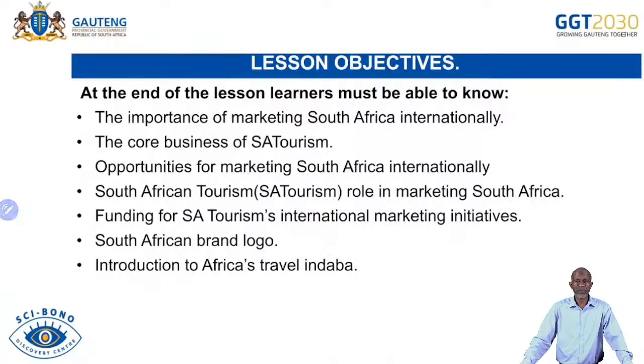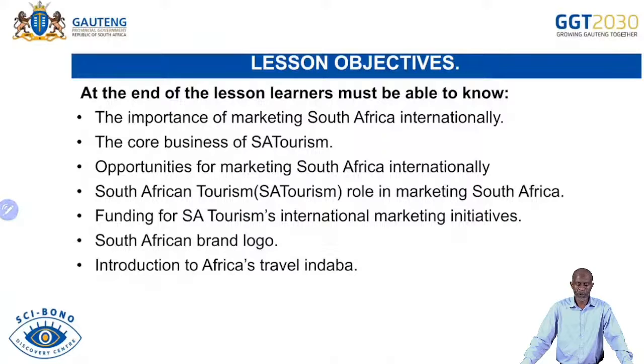These are your lesson objectives. At the end of this lesson, you must be able to know the following. One, the importance of marketing South Africa internationally. You must be able to know and understand the core business of South African tourism or SA tourism.